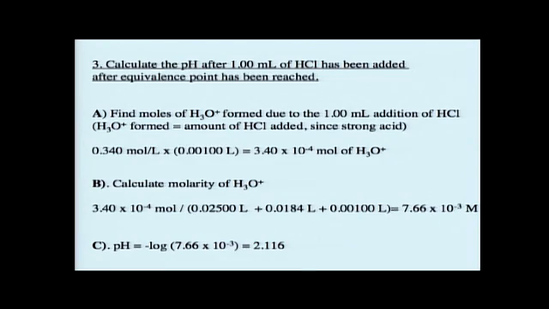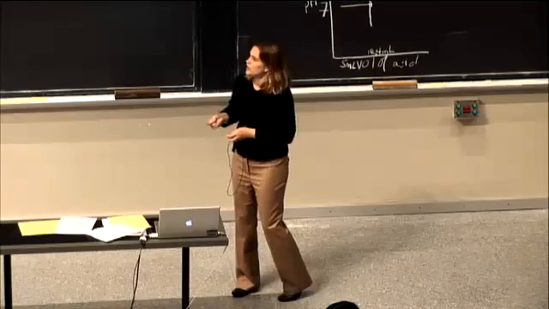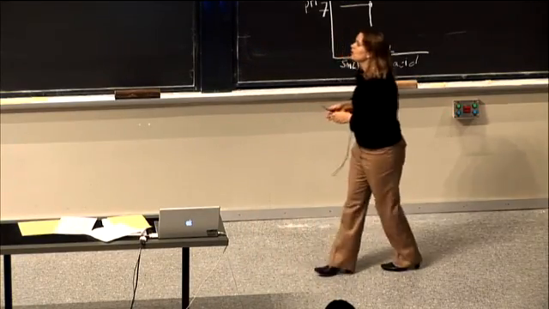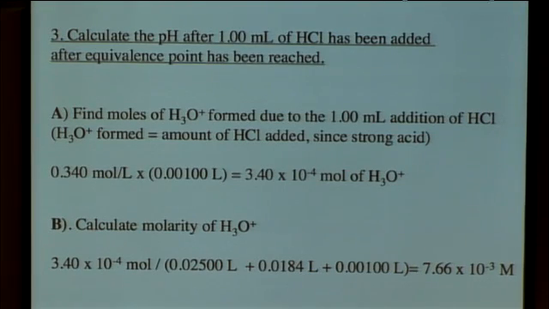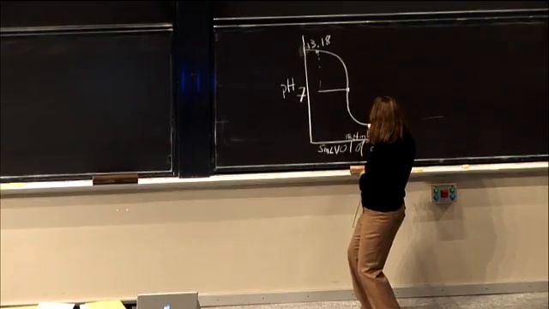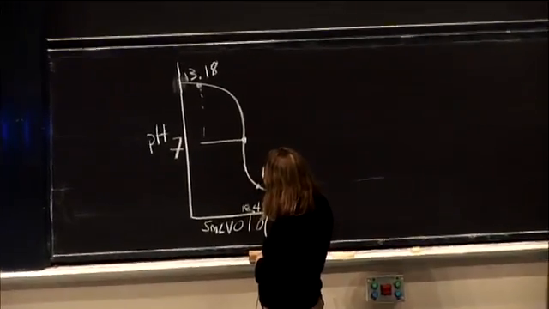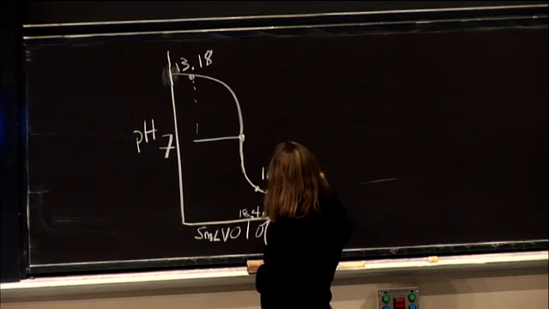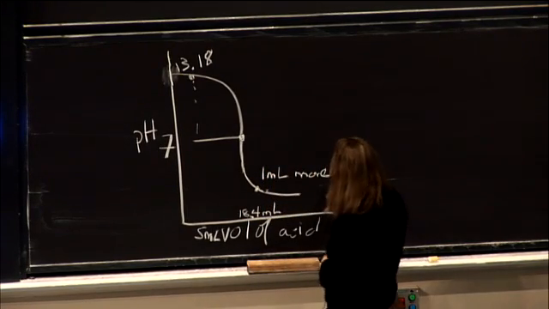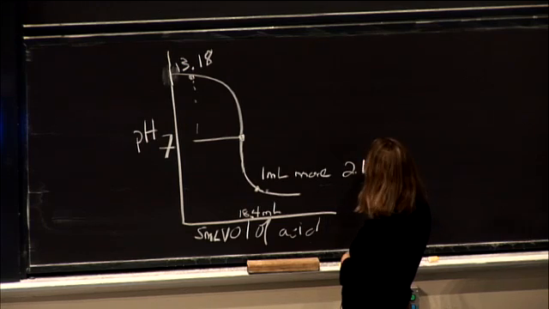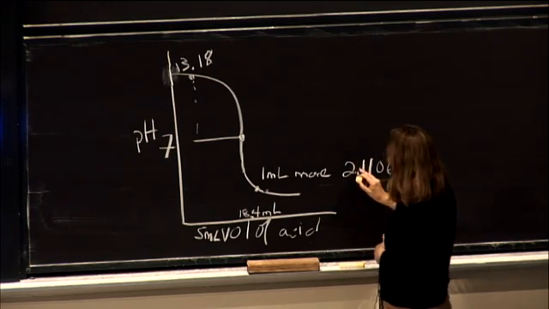And then if you calculate the pH of that, you get a pH of 2.116. So that's down somewhere in here. We've added 1 more mil, and we're at a pH of 2.116.